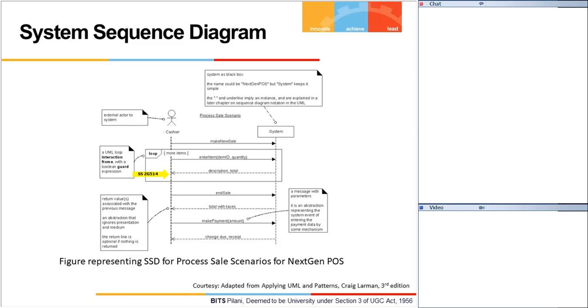It's almost half the weightage is for these notations, right? So you have to be really careful about the notations. Okay, lines from the messages going from the external actors to the system are solid lines with solid arrows, and coming back from the system to the actor are dotted arrows.